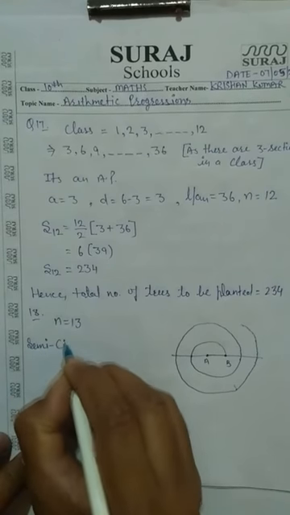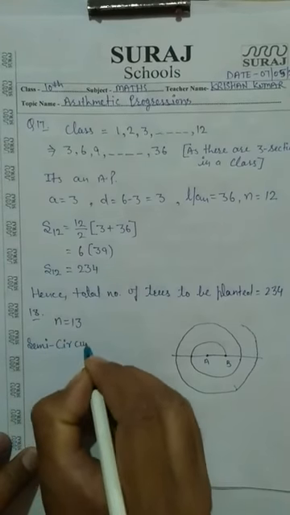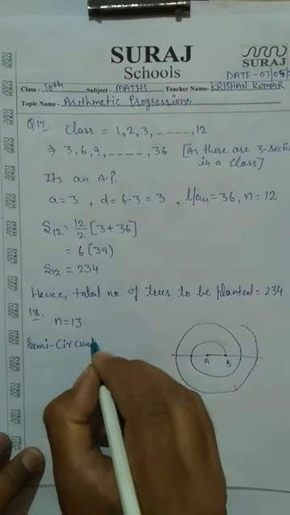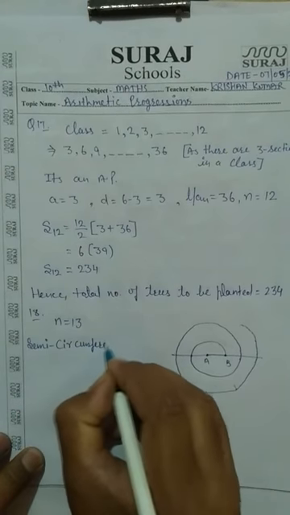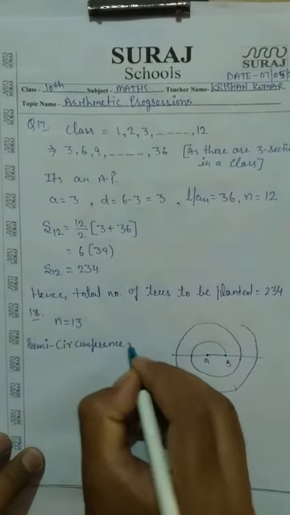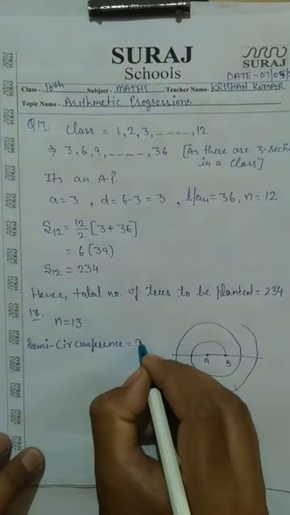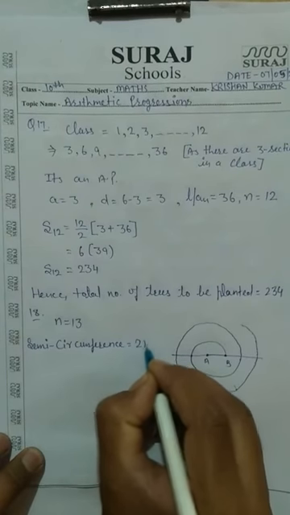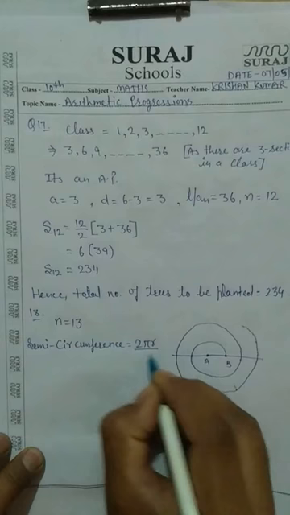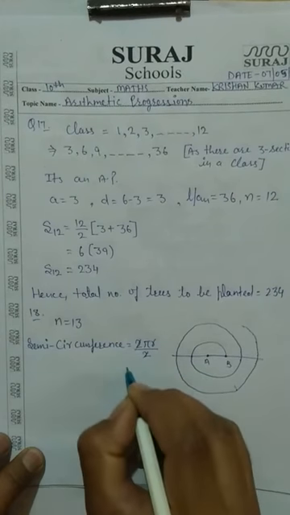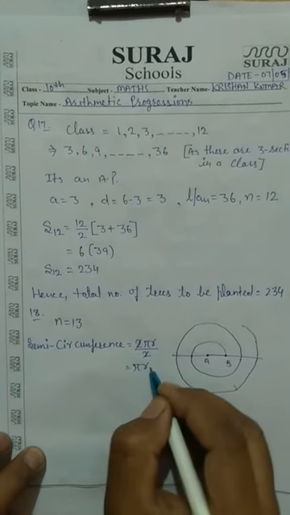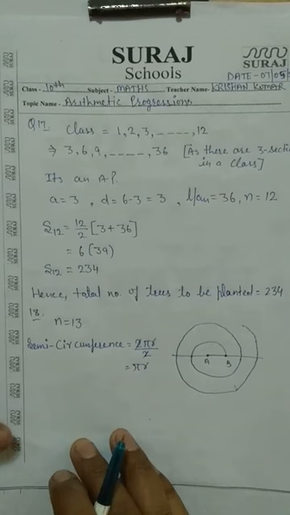Semi-circumference is equal to pi r upon 2... the 2 cancels out, so that is pi r. That is pi r.